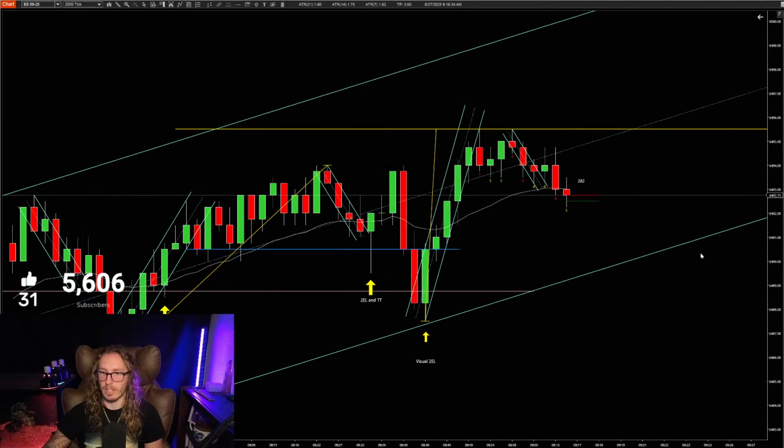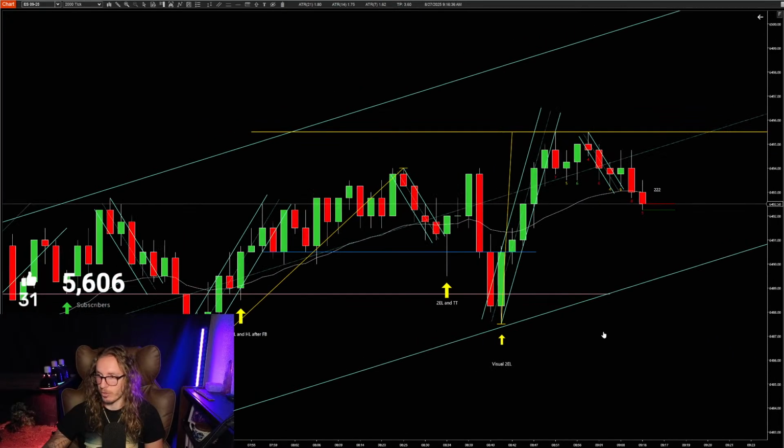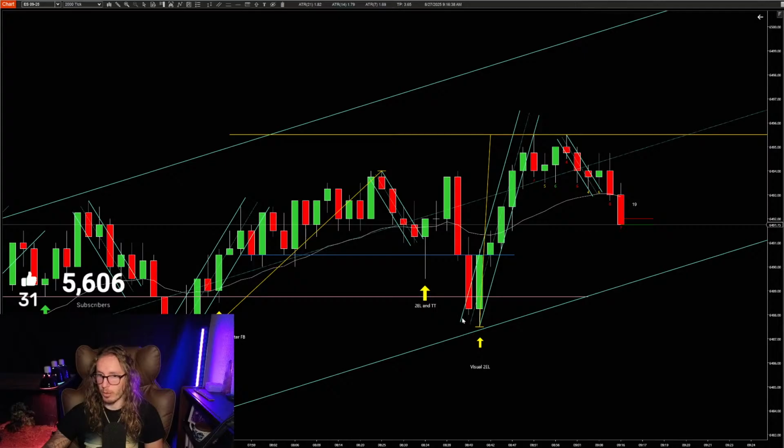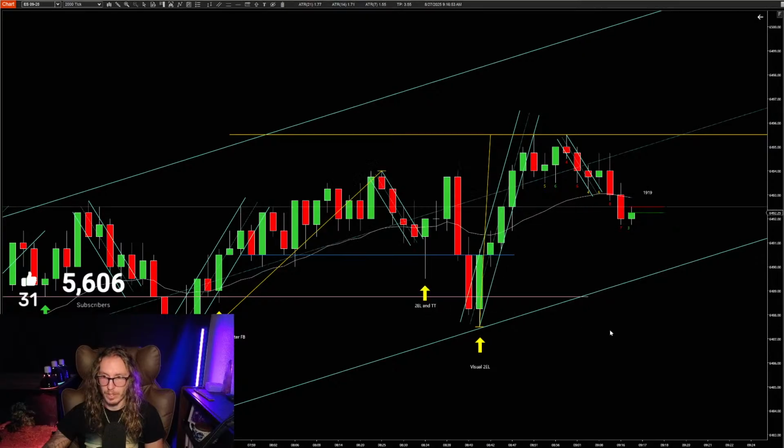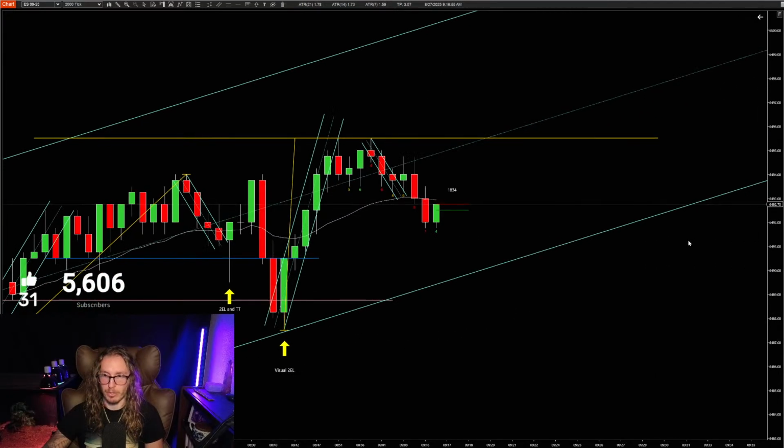This is what it would look like if it was smaller. I'll have to move the trend line back. Let me know what you like. Do you like the smaller or the larger? I like the larger. I think it looks better. So, let me know. I'm going to go back to the medium. Whoops, I didn't mean to go big. Medium. And then I have to move my trend line.